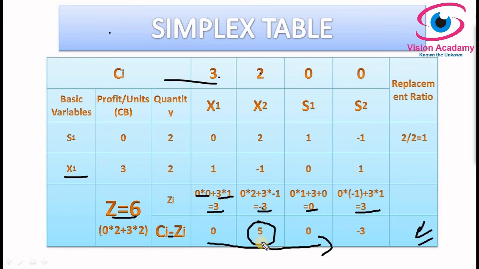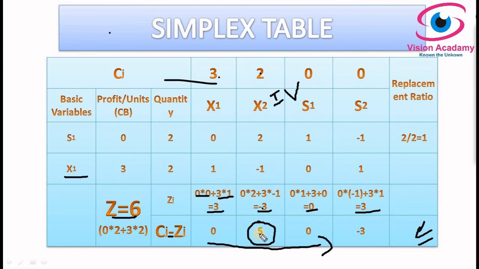Here we have a positive value, which means you can improve this solution in the next iterations. So this is the incoming variable for the next iteration. X2 is the incoming variable for the next iteration.